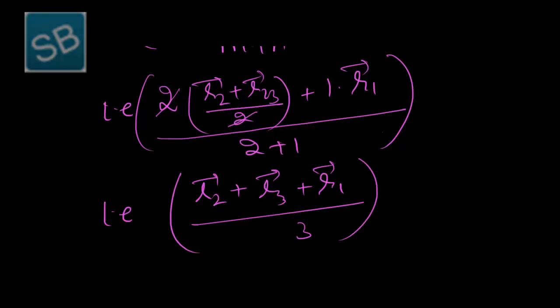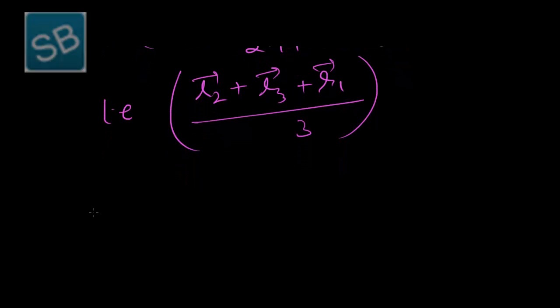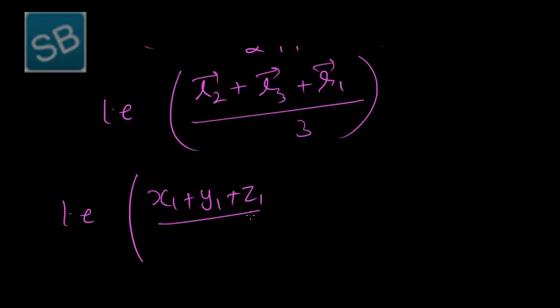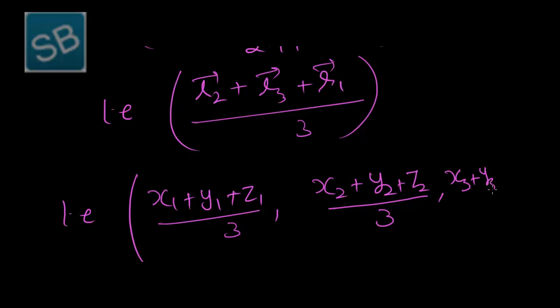Now substitute the components of r1, r2, r3. We get the x components as x1 plus x2 plus x3 over 3, and likewise the y components and the z components.